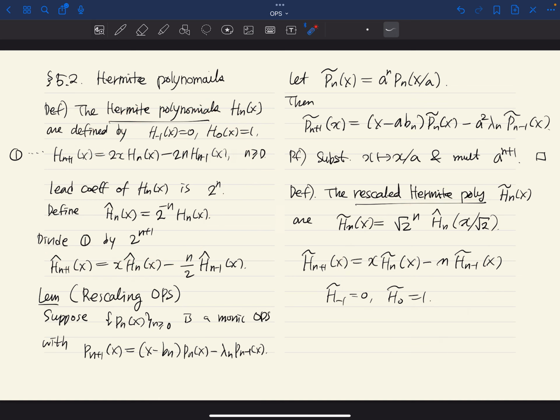All we need to do is to modify things like this. Whenever you study orthogonal polynomials somewhere else, you will often see situations like this. You have something you don't quite like, then you rescale it in this way. But eventually, you will be able to connect these two things. They are equivalent. That's why both are sometimes called Hermite polynomials. So when some people say Hermite polynomials, you have to look at the definition carefully because people use all kinds of different definitions. But they are all equivalent in this way.